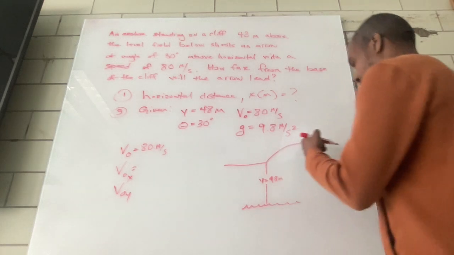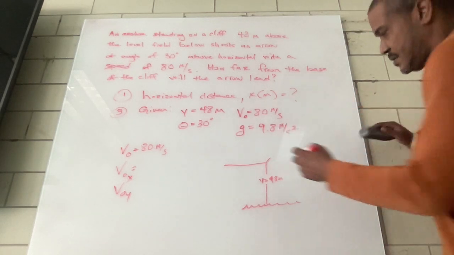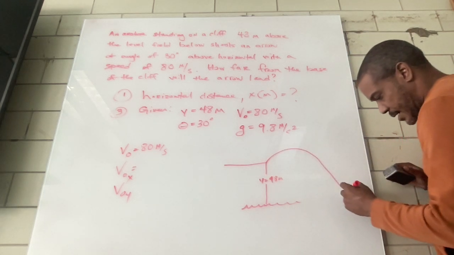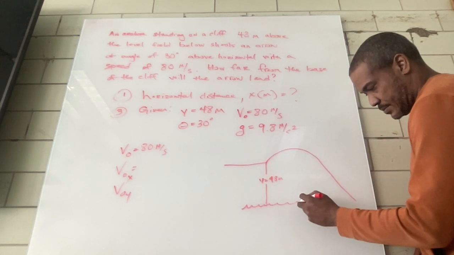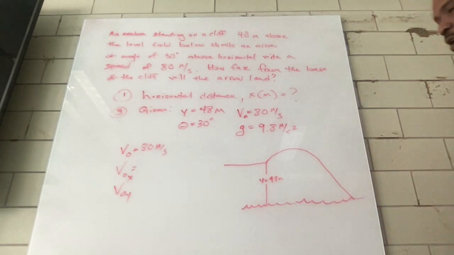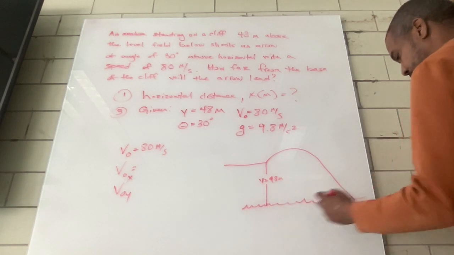So this is the trajectory that the arrow is going to take. It's going to go up and come back down to the ground. This is the distance we're looking for, right?